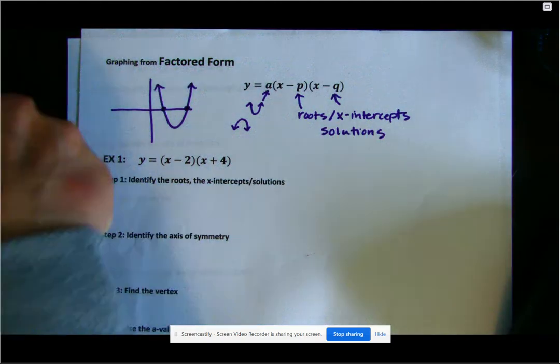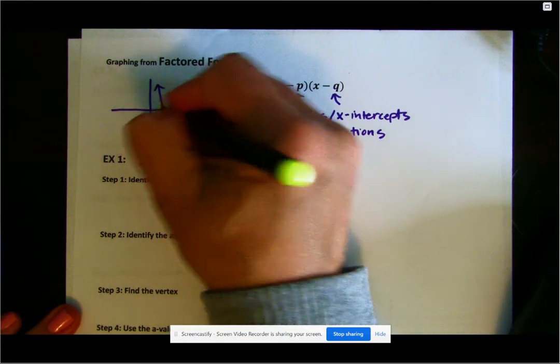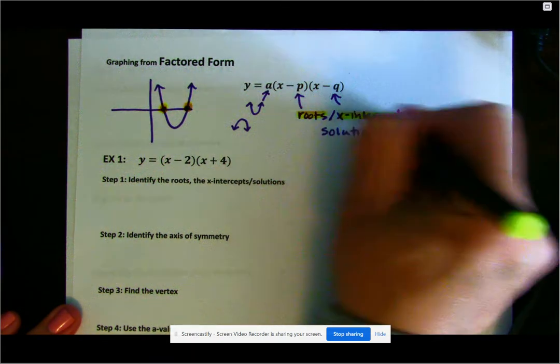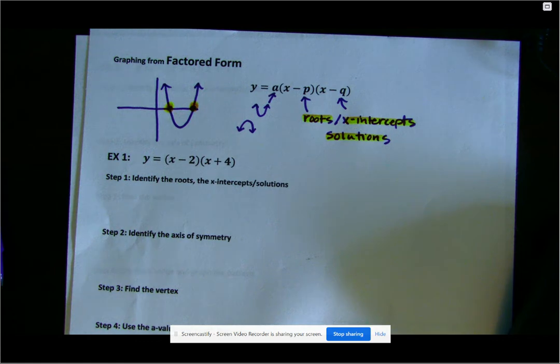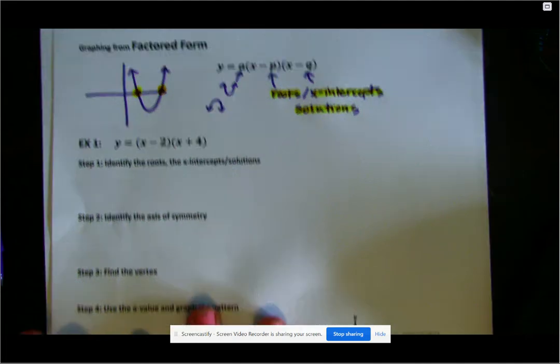So we're just going to jump into some examples where a function is already written in factored form, and we're going to dissect it and ask: what are the roots? What's the axis of symmetry? And then how could we sketch a graph without having to do tons of calculation and math?